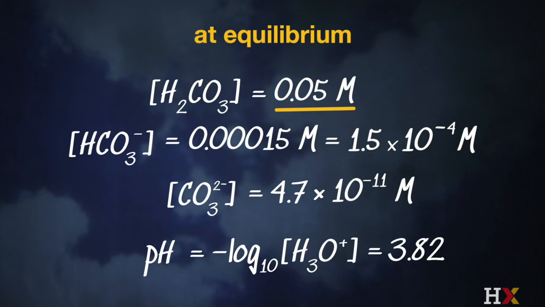The first dissociation constant gave us a concentration of the bicarb anion of 1.5 times 10 to the minus 4, and the dissociation of that bicarb producing the carbonate anion gave us a carbonate anion concentration of 4.7 times 10 to the minus 11 molar. A massive decrease in concentration between that bicarb and the carbonate anion, and the reason for that is reflected directly in the acid dissociation constant.